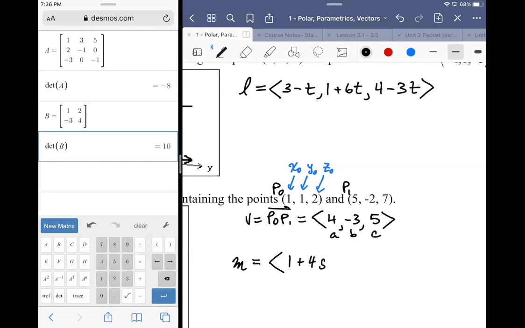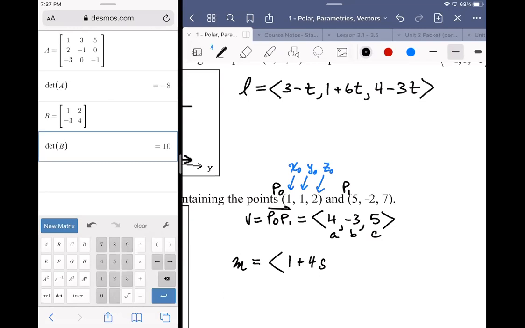I'm going to use S instead of T. We're going to use a different parameter here, because T represents something for line L that it may not necessarily represent in line M. It's going to be a parameter, but it might not follow the same rules as the parameter in L, and we have to allow for that.